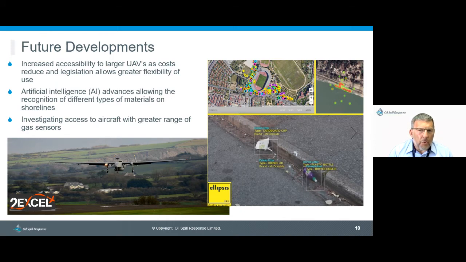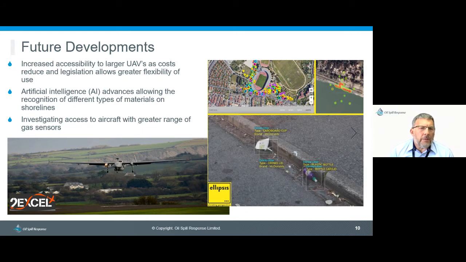Maybe it'll be able to detect oil. We've been to different spills where we've not only been looking for oil, but we've also been looking for plastics as well. So this technology will be really useful, I think, as we move forward.